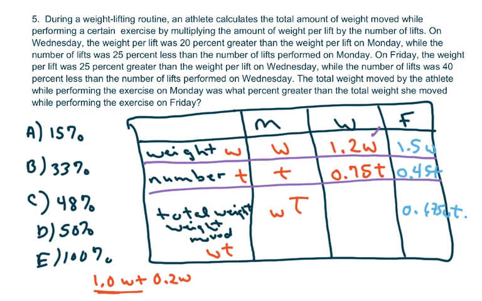The total weight Monday is approximately what percent greater than the total weight on Friday. The question asks for an increase from Friday's total to Monday's total. And don't get confused by the fact that Monday comes before Friday. The logic of what's asked here makes Friday's amount the starting point and requires you to express Monday's amount as an increase over Friday's.